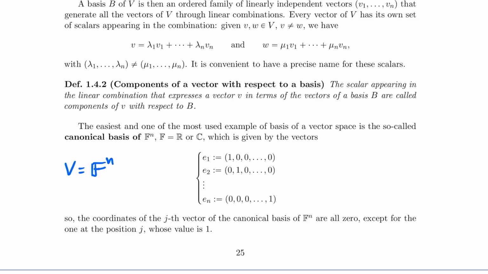As you can see, the coordinates of the jth vector of the canonical basis are all 0 except for the one at the position j, whose value is precisely 1. So e1 has 1 in the first position and 0 otherwise. e2 has 1 in the second position and 0 otherwise. And en has 0 everywhere except for 1 in the nth position.